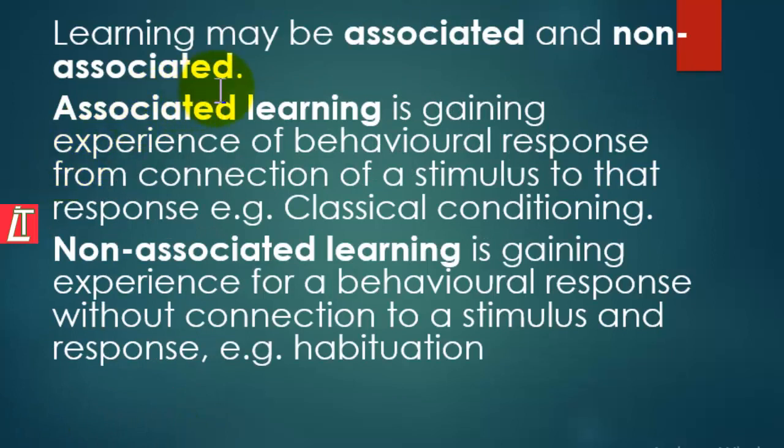Learning may be associated and non-associated. Associated learning is gaining experience of a behavioral response from connection of a stimulus to that response. Example, classical conditioning. Non-associated learning is gaining experience for a behavioral response without connection to a stimulus and response. Example, habituation.